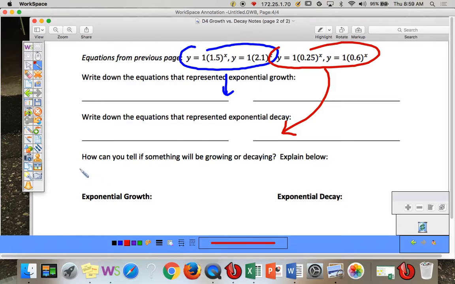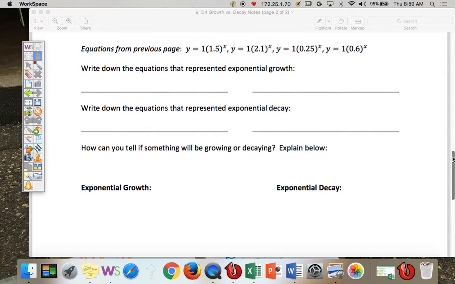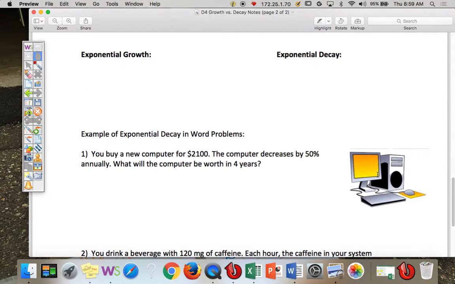So if you remember, we have y equals a times b to the x. It has to do with the base. If the base is bigger than 1, it's growing. If the base is smaller than 1, it's decaying. So let's write that down for exponential growth and decay.